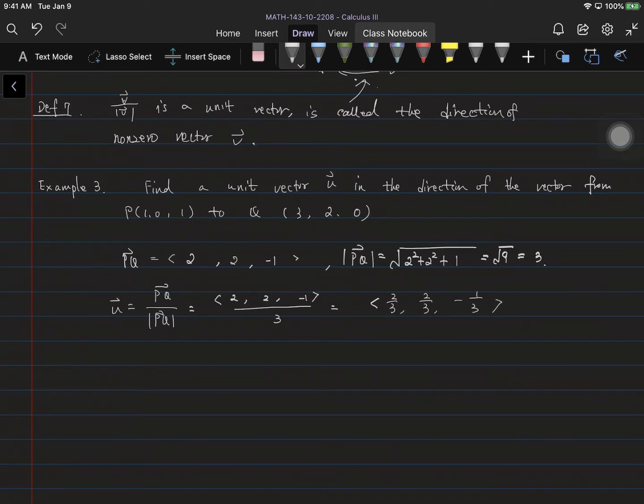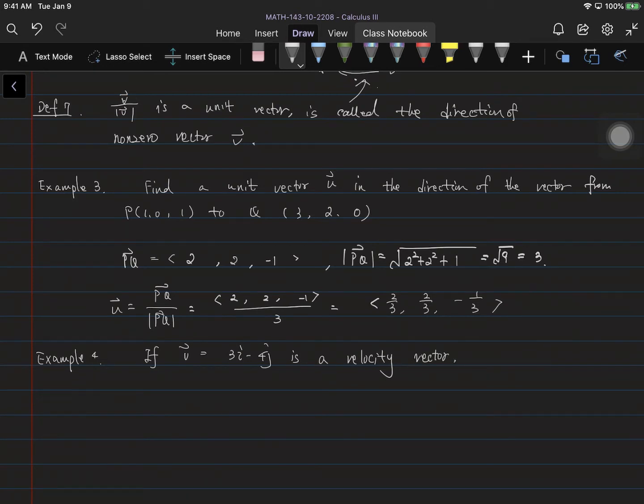Okay, so next, we are going to do another example. It is a velocity vector. If v is given by 3i minus 4j, we know velocity has direction, so it is a vector.